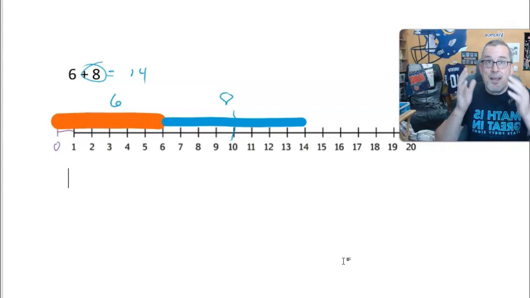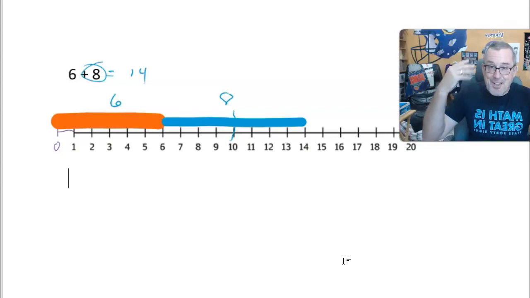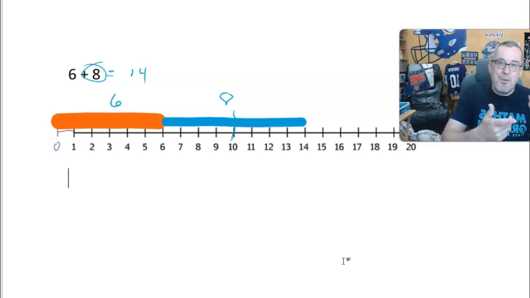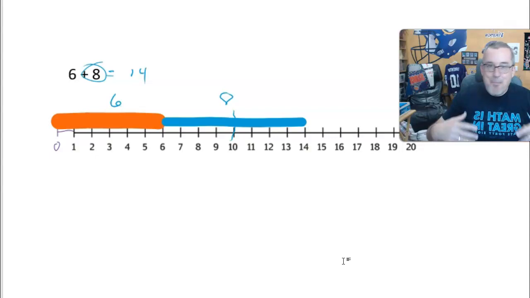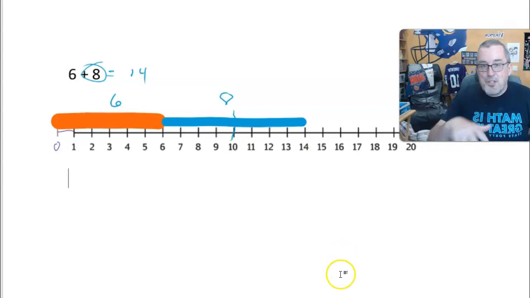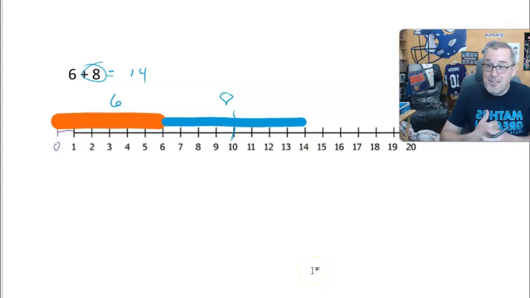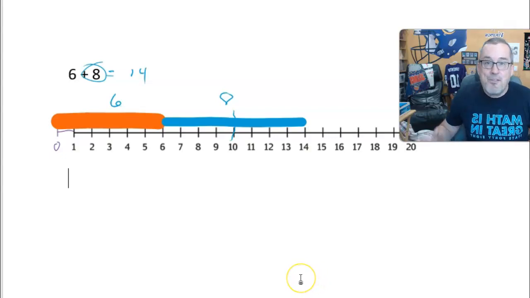But if 6 plus 8 is nothing, and now I'm stuck there, I can't really move on with the algebra or the geometry or whatever advanced mathematics I'm doing, because my cognitive load is still on 6 plus 8. So as you're teaching K, 1, 2, and we're working on addition, even with single digit numbers, these 10 frames and number lines provide a visual to provide a way for students to think about the mathematics.